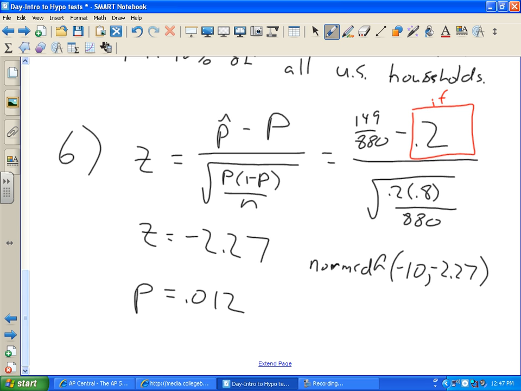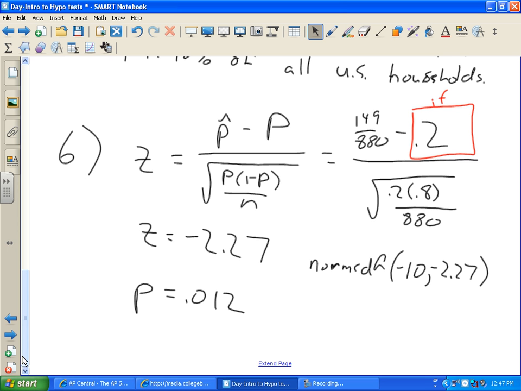Okay. So the probability, let's pretend we go back to the Gatorade bucket. I said this is a big connection piece because I want you to see what's happening. I told you guys in the real world, 20% of U.S. households use email. So I sampled from my bucket. All the U.S. households are in there. I pulled 880 out. I got 149 of them out of the 880 that said they use email. How rare is it that I get that sample if the 20% is true?